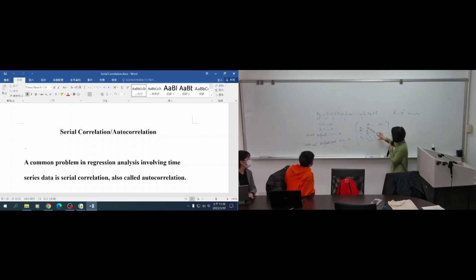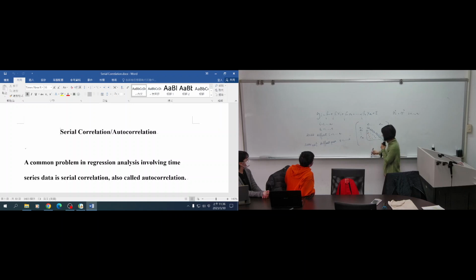So we talk about this heteroscedasticity. As long as you understand this one, now we'll get to the time series data, which is talking about the correlations. And this is what we call serial correlation. Since it is time data, it's not from 1 to n. It's from 1 to t.